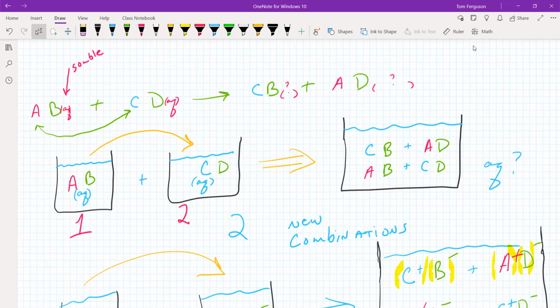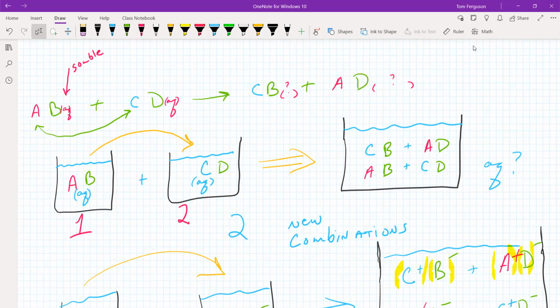So you're going to start with 2 ionic solutions. No metals involved, 2 ionic solutions. So if we had a solution AB and a solution CD, where A is the cation, C is the cation, B is the anion, D is the anion, we dump them together, then we're going to have a combination of the A's, B's, C's, and D's.